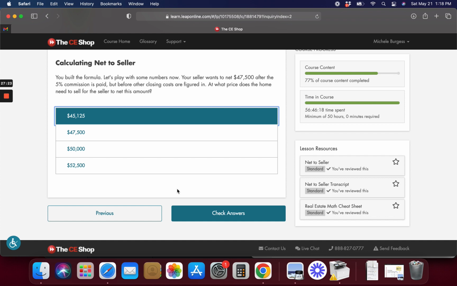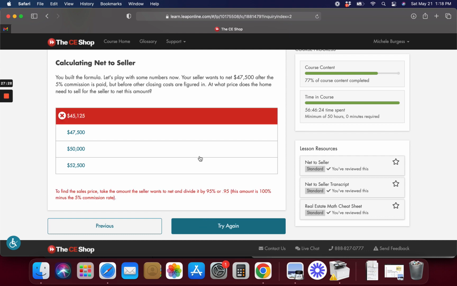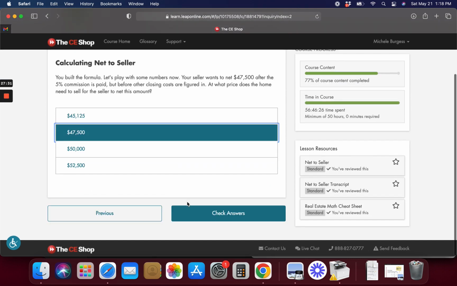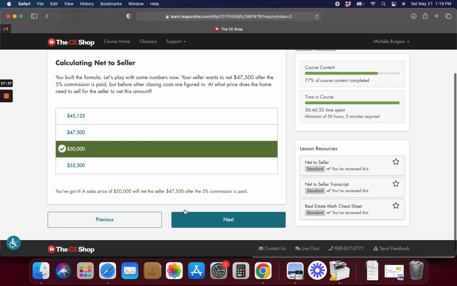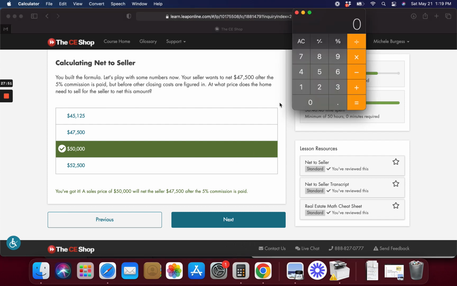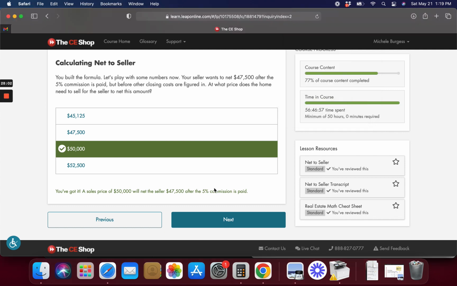All right, so that's what price the home needs to sell. It must be, no, that's not right either. Nope. What's left? 50,000? 50,000. I don't know how they got that, though. Can't figure it out. Unless they're taking the 451 and adding it to the 47,500. And even that, I mean, that's like 47,500.